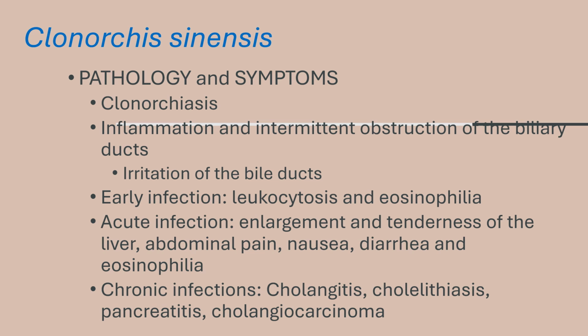But please note that the first step in malignant transformation may be induced by the biliary tract hyperplasia that is caused by the presence of a lot of worms in the biliary tract.